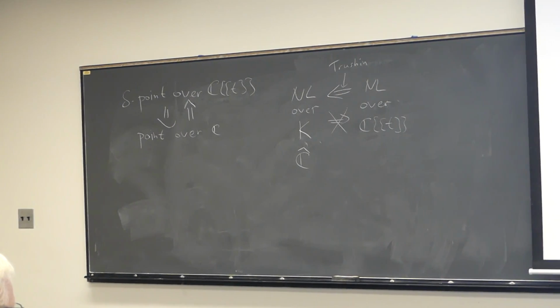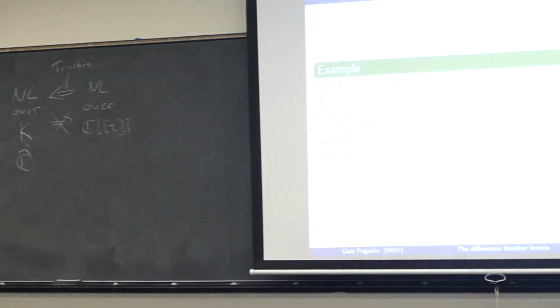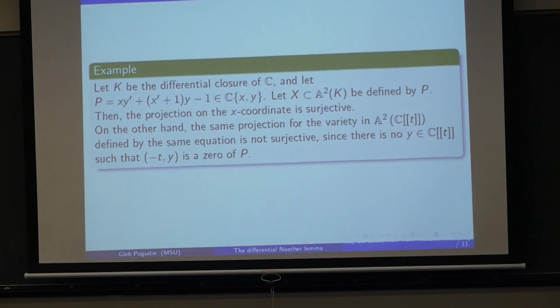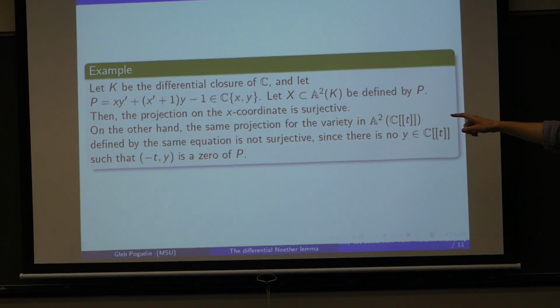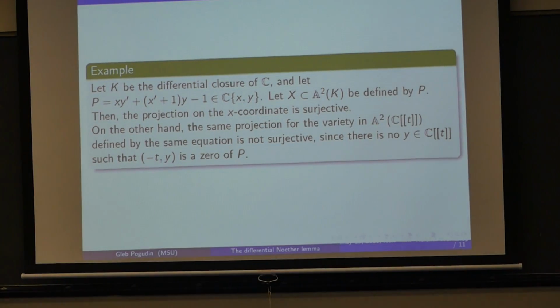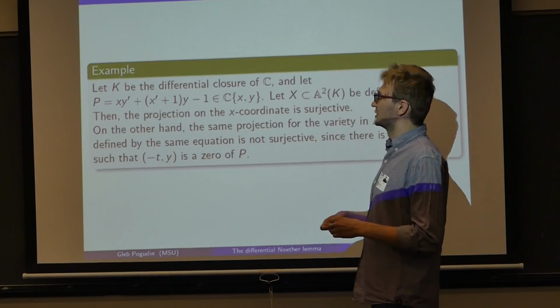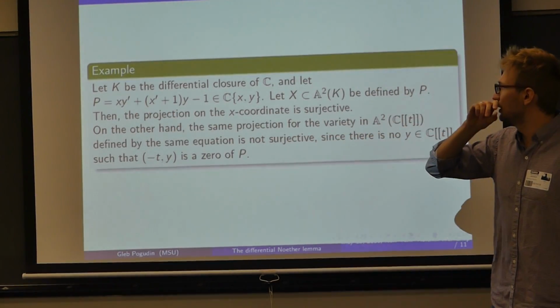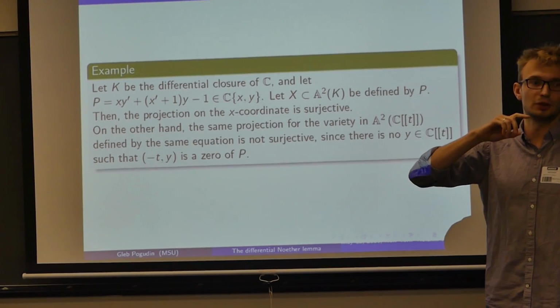And that's just an example. Let's look at this differential polynomial. It defines some variety in A2, and let us project it on the x coordinate. No matter what x you substitute here, it will always be a non-constant differential polynomial.